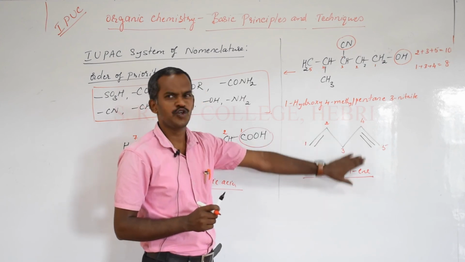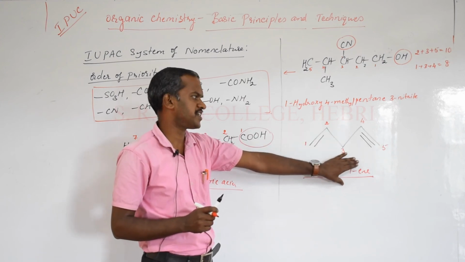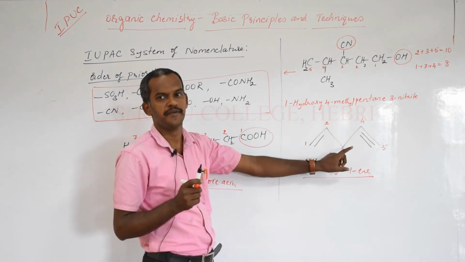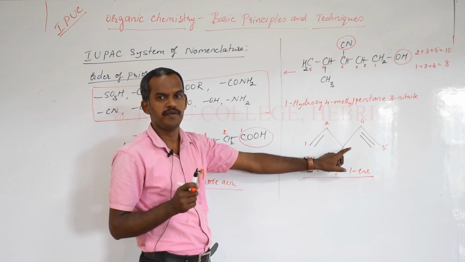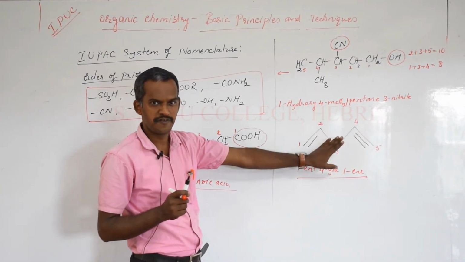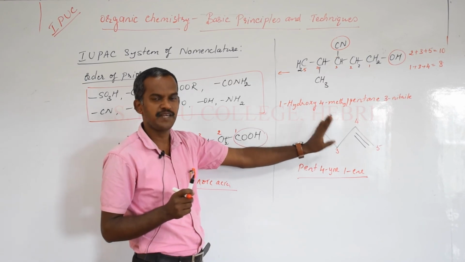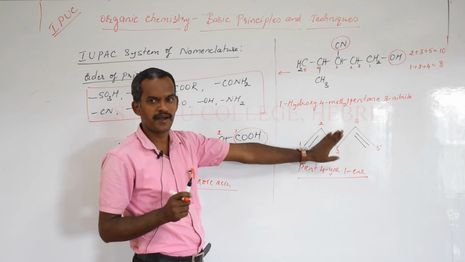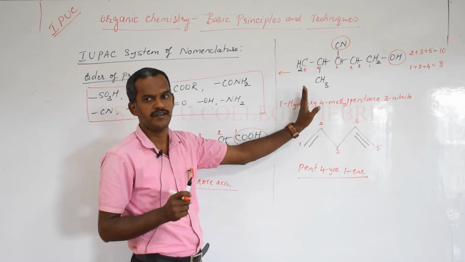Many such examples in bond line representation may be given. See how you number the carbon skeleton. Are you clear? This is simply the IUPAC system of nomenclature. We understood the different rules, and in the next class I'll give you some examples. You have to know how to number the carbon skeleton and name it. Okay, thank you.